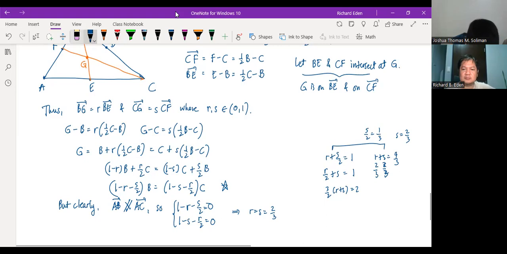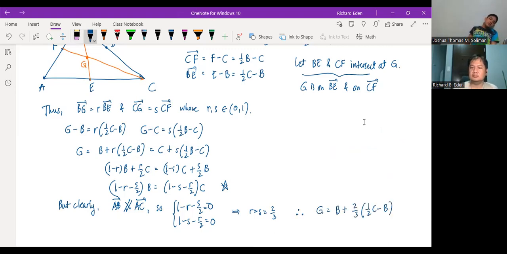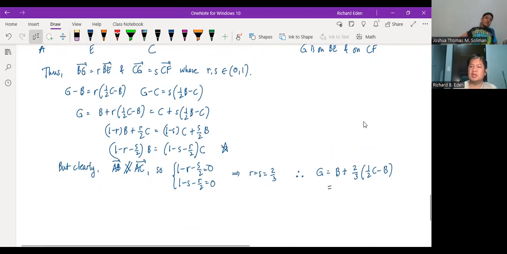So therefore, G can now be written in the following way. B plus R, which is 2/3 of half of C minus B. So what's going to happen is B will have coefficient 1 minus 2/3, which is 1/3 B. And as for the coefficient of C, 2/3 times 1/2, that's going to be 1/3, which is nice, no?